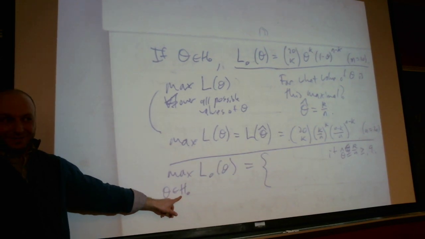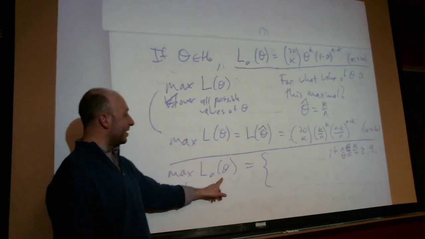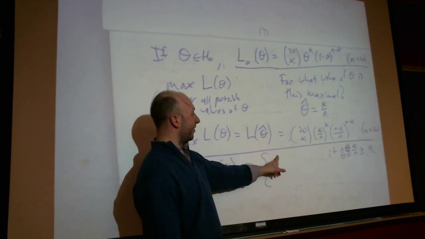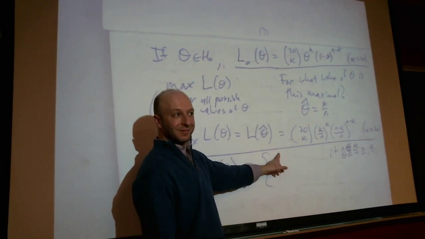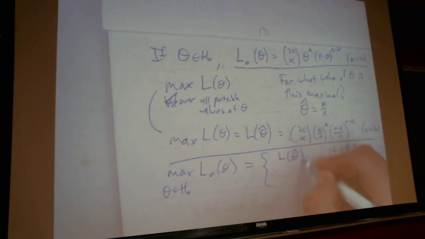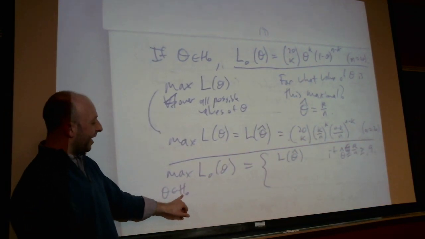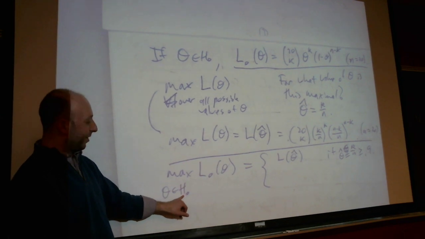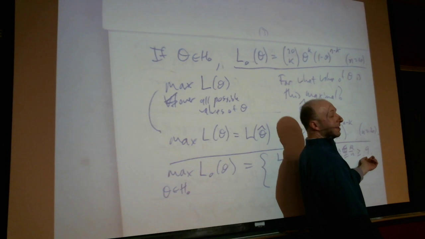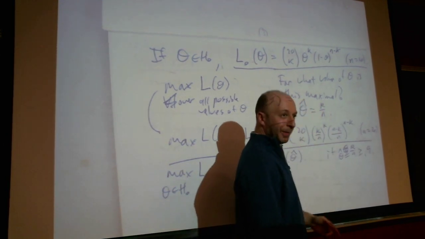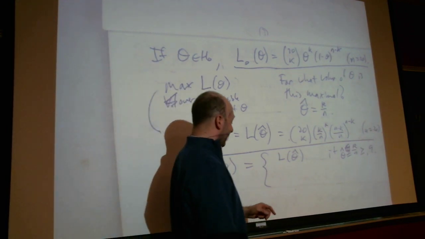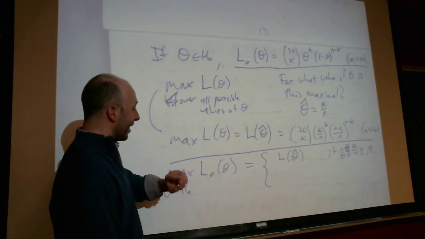In which case, what is the maximal L value? Well, it's just the original L value. There's no change in the L value from restricting theta to be inside the null hypothesis if the outcome is already consistent with the null hypothesis. Does everybody see that? Let me get through this in the interest of time, and then we'll come back and ask questions.